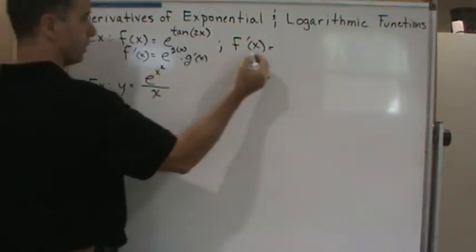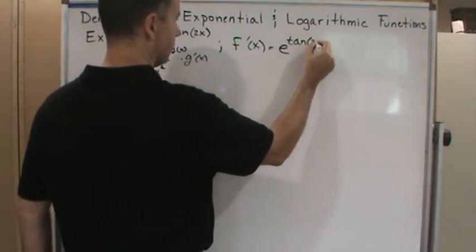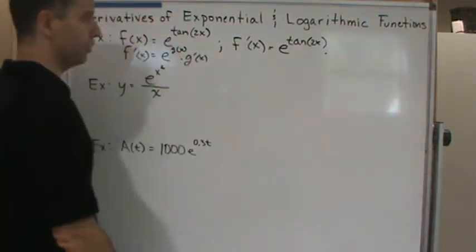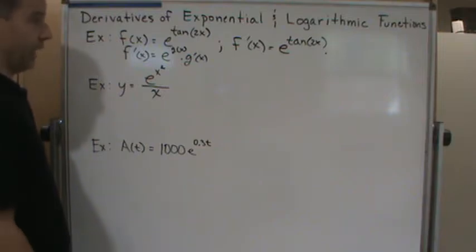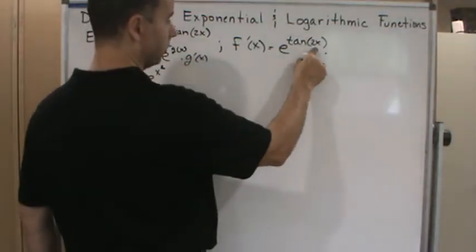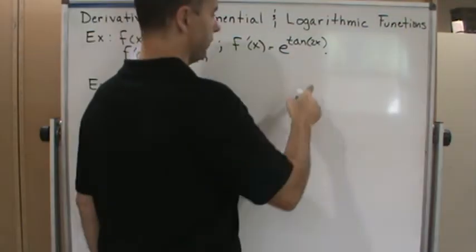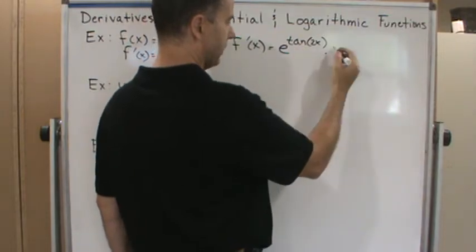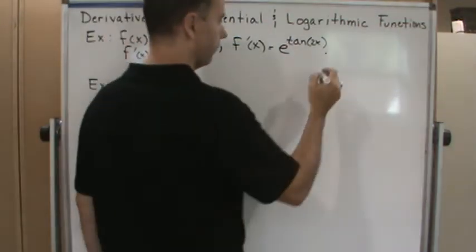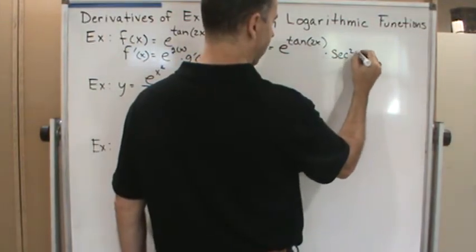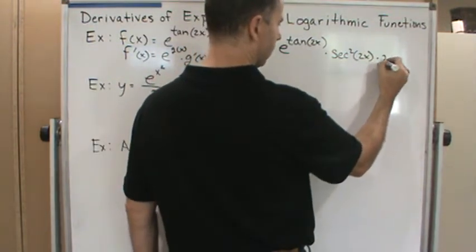Now we're just going to repeat e to the tangent 2x times the derivative of the exponent, which is the derivative of tangent 2x. But tangent 2x involves a chain function too, because we have a function inside the tangent, so we're going to use the chain rule. The derivative of the outside is secant squared, so we have secant squared 2x, times the derivative of the inside, which is 2.